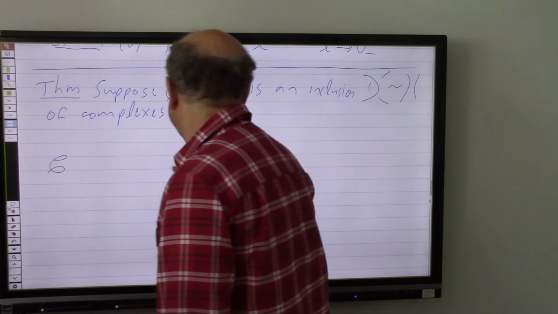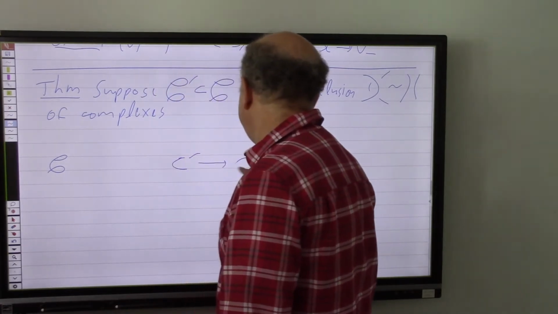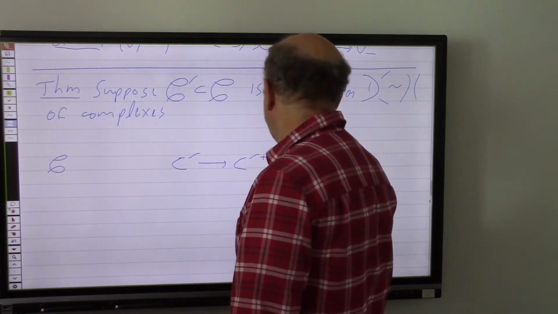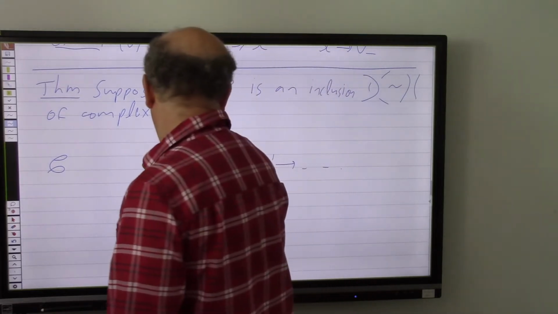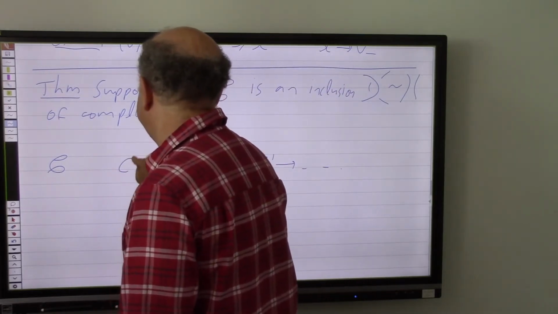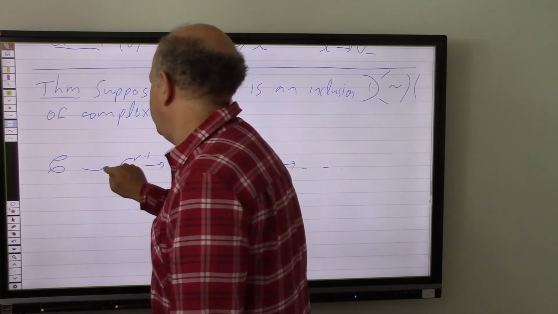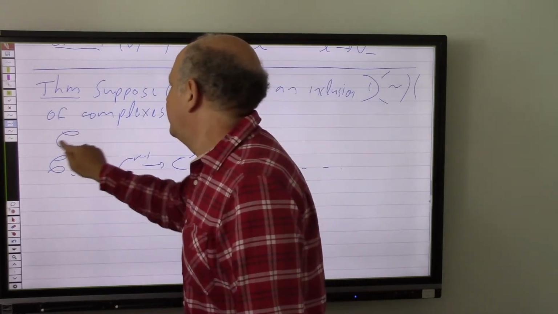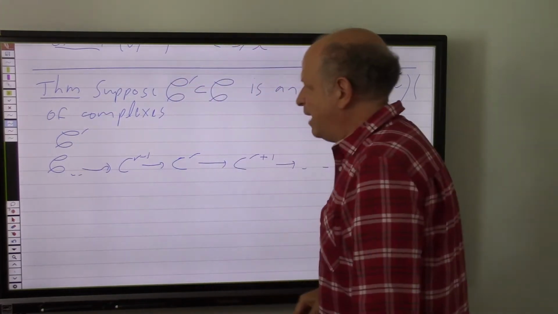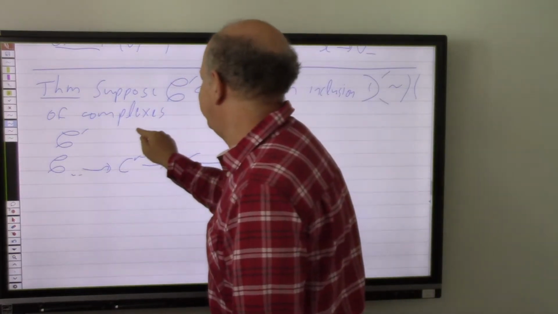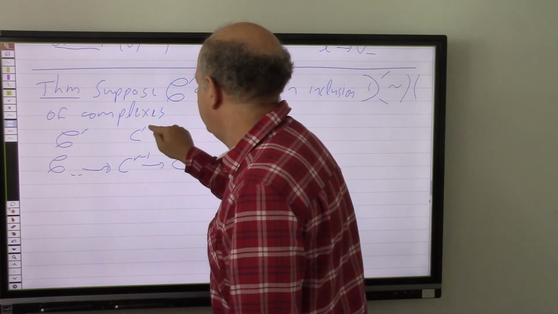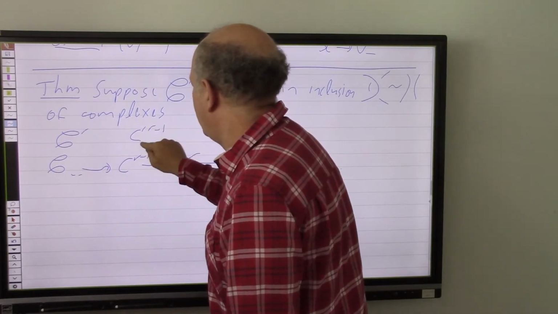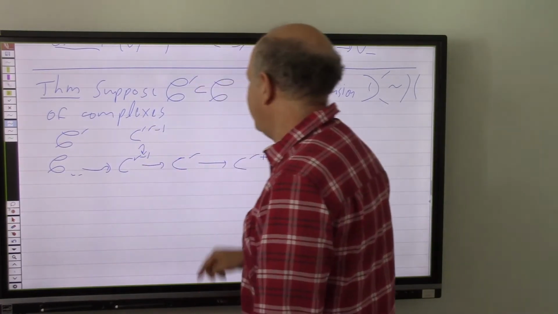So C is some sequence of chain spaces. C^R goes to C^(R+1), comes from C^(R-1), and so on. And C prime is a subcomplex. So there is a subset C prime^(R-1) of C^(R-1).